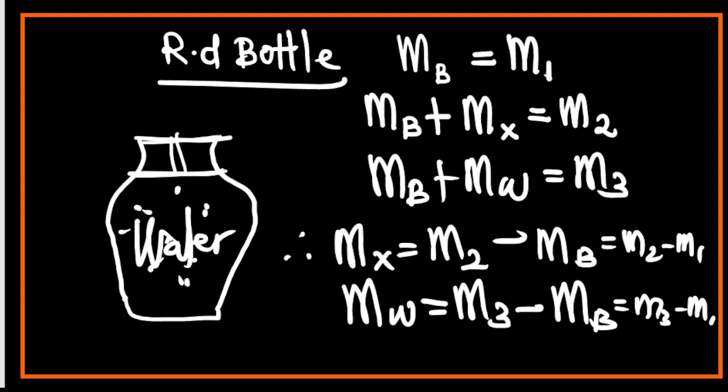To now get the mass of the liquid, you have to subtract the mass of the bottle. Once you are done with that, you empty the container again, and fill it with water. You measure the total mass of the water and the container. You also get the mass of the water from there, just like you can see here. Right?